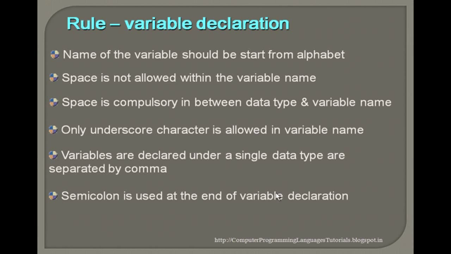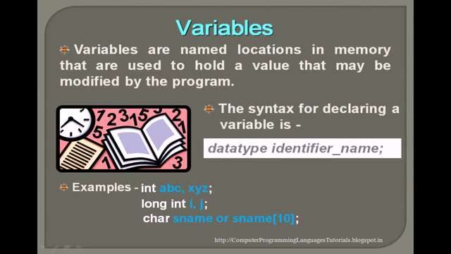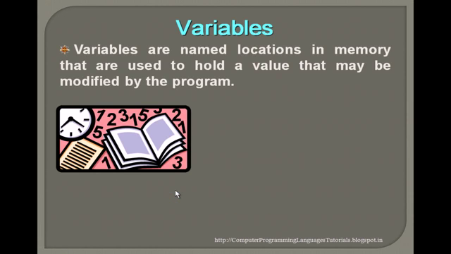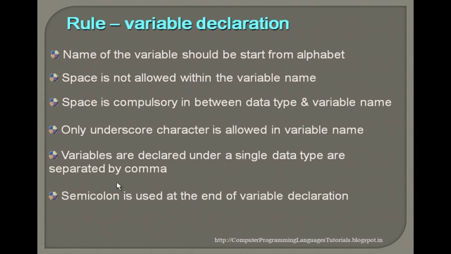But space is compulsory between the data type and the variable name. As we see here, there is a space between the data type and the variable name. Underscore character is allowed, not dash, not dot, not any other character is allowed while declaring the variable.